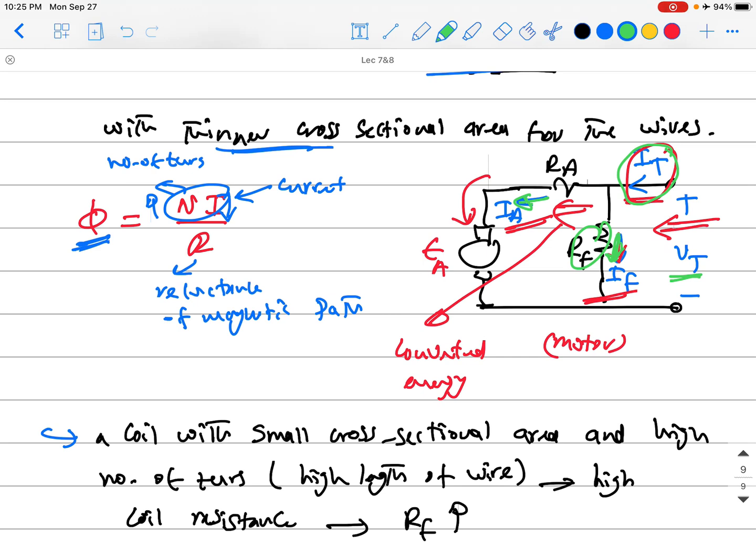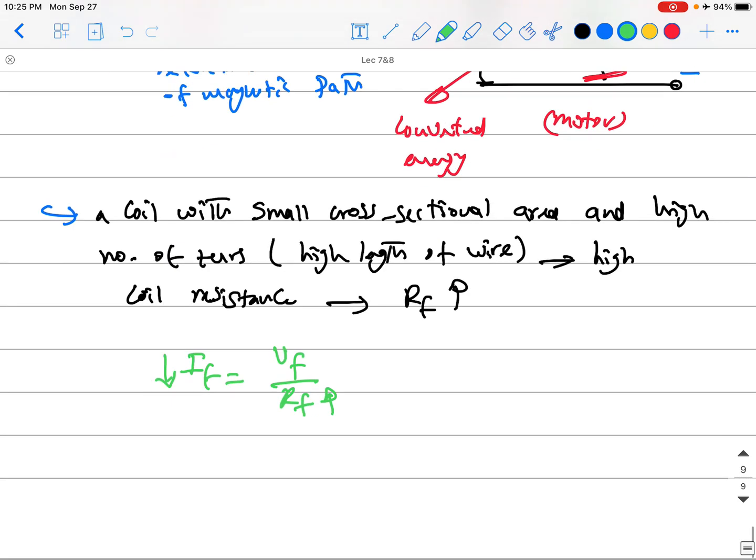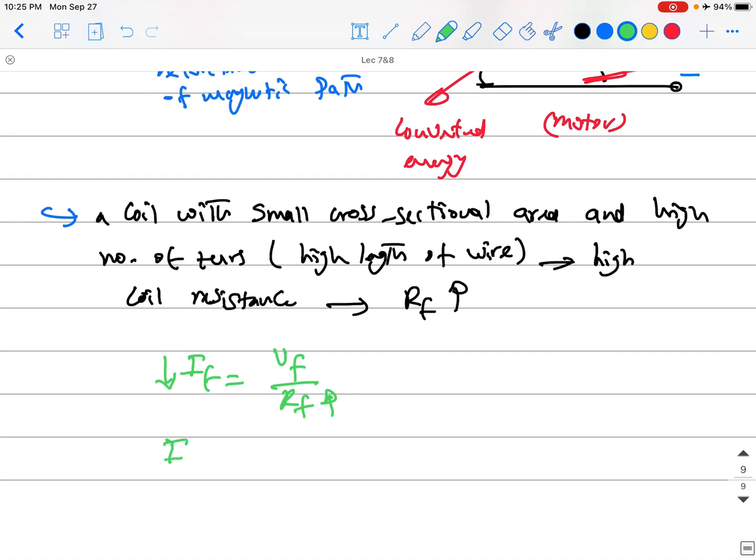So basically the terminal current will be just the addition of I field. So I terminal, which is the total current, equals IA plus IF, because they are shunt connected here.